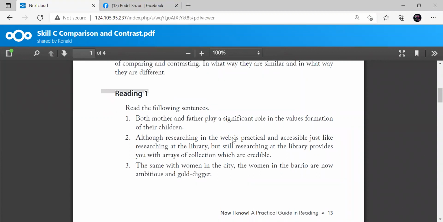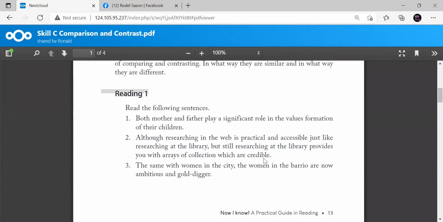So, number 2. What is being compared is researching in the web and researching in the library. The items are two, but what is the area of comparison? Library, sir. Legitimate. Ethical and accessible. Reliable.